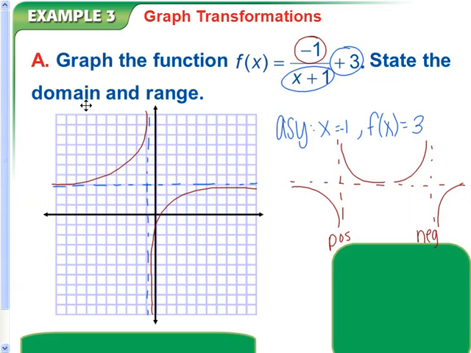So there's our graph. Now the domain and range. It's all x given that x cannot equal negative 1. And the range is all f of x's given that f of x does not equal 3.